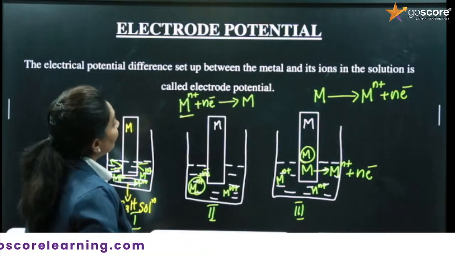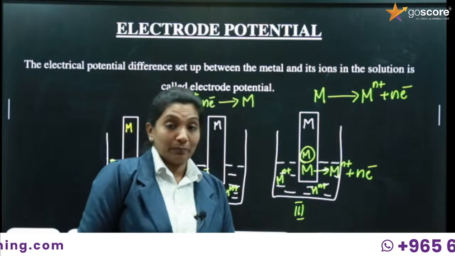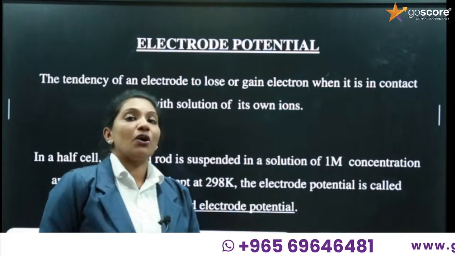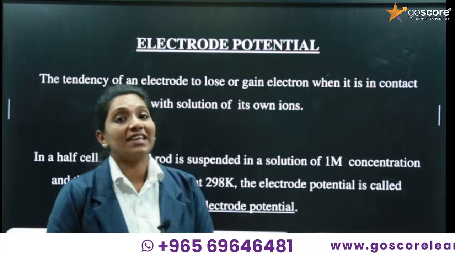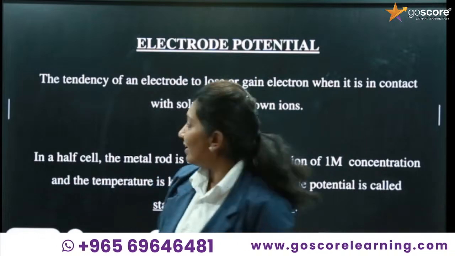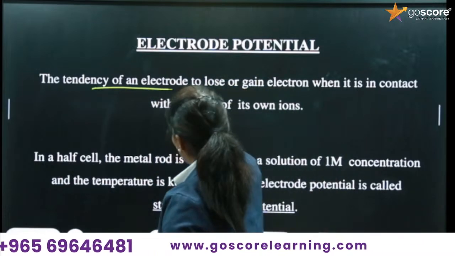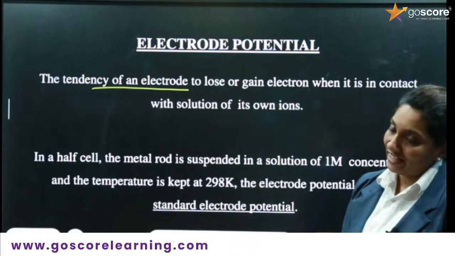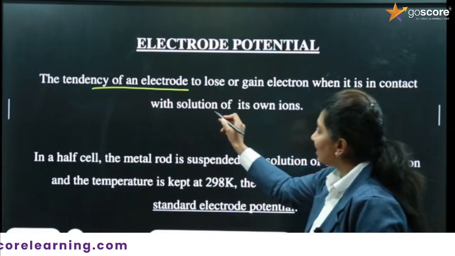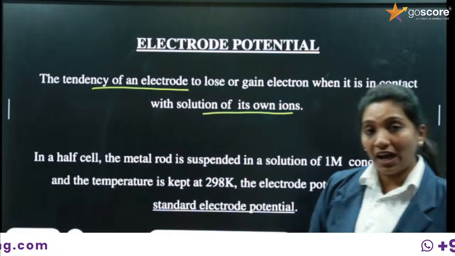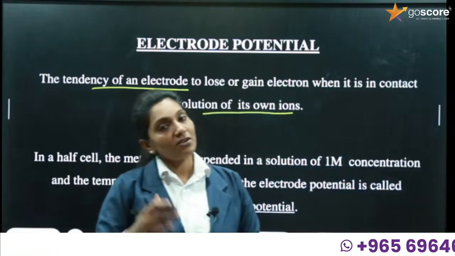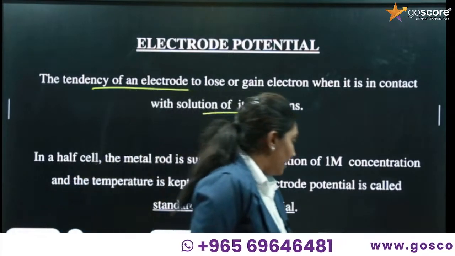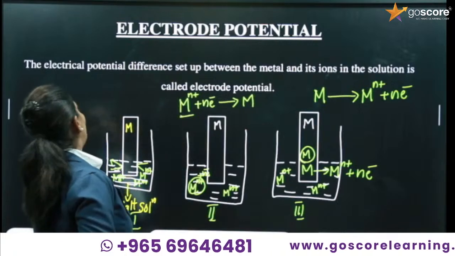That potential difference is called the electrode potential, or simply the tendency of a metal electrode to lose or gain electrons when it is in contact with the solution of its own ion, or when you keep the metal rod in its own salt solution.